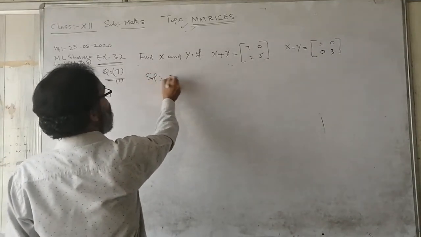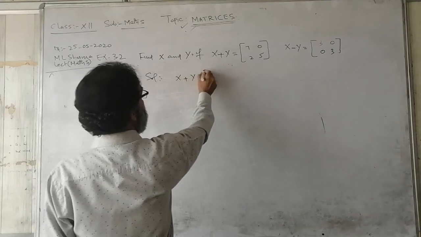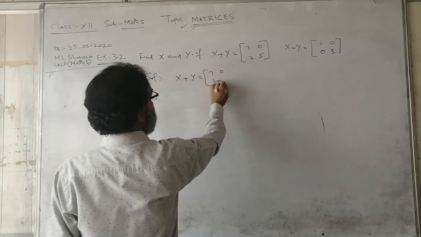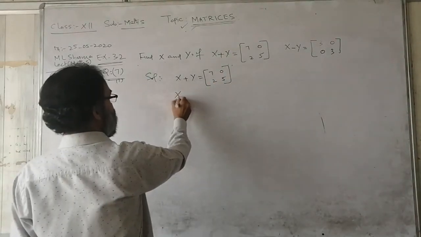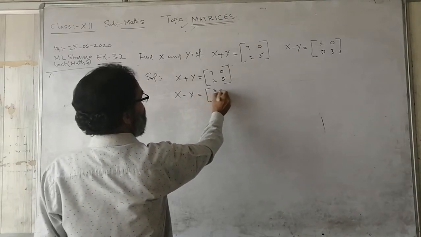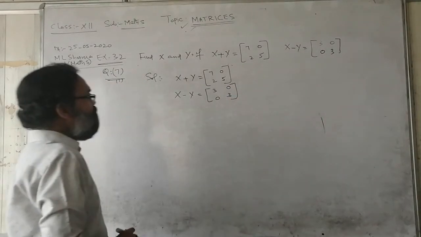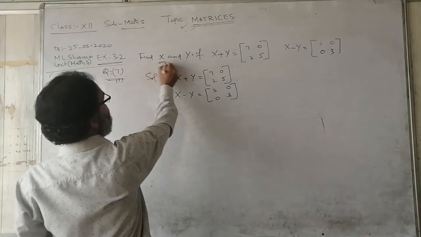So x plus y, its matrix is given, and x minus y, its value is also given. Now I have to find the value of x and y.